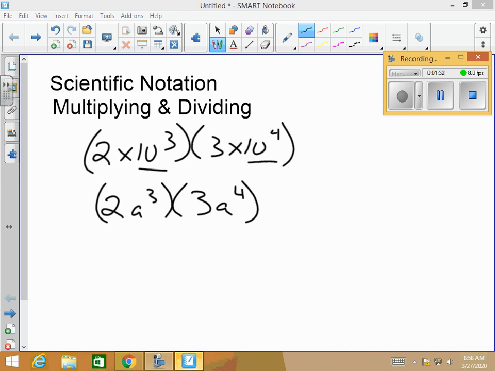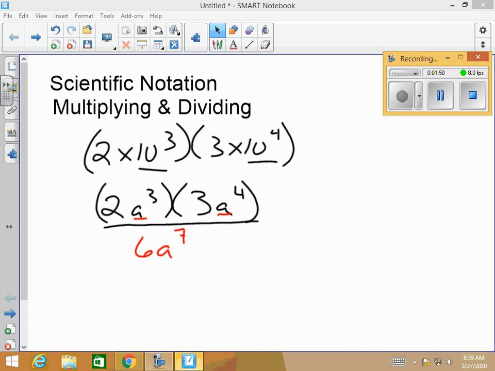So now, if I just took a look at this guy, what I'd find out is 2 times 3. I multiply those things that are similar, I get 6. And when I multiply a's, I get a, and I add my exponents, which is 7. So that's what would happen if I would multiply that in a polynomial state with letters.